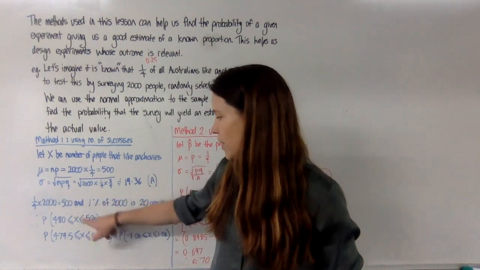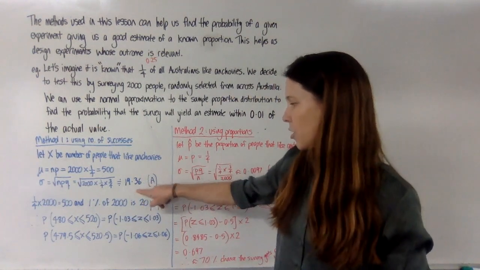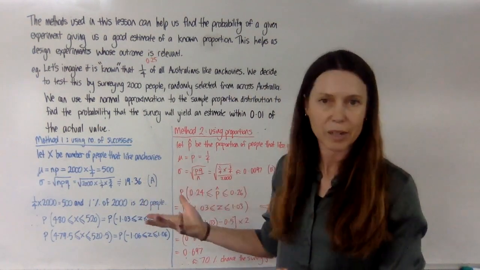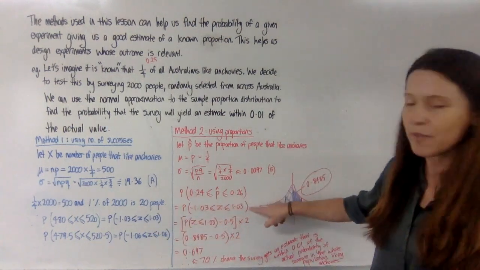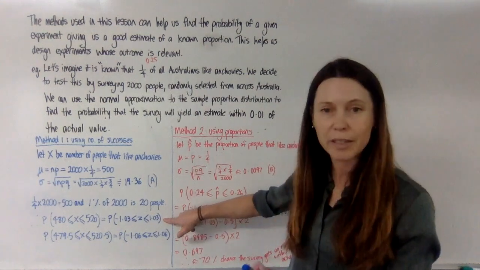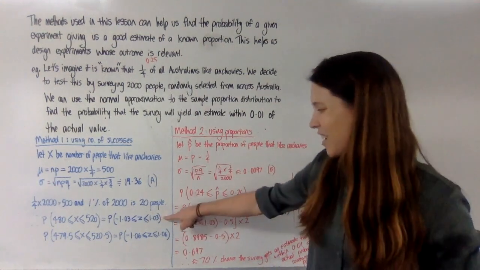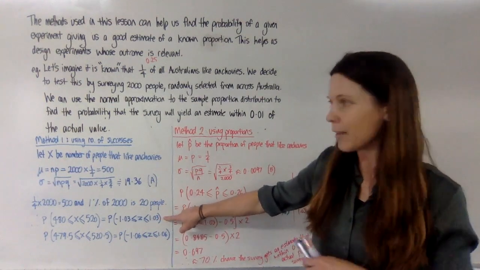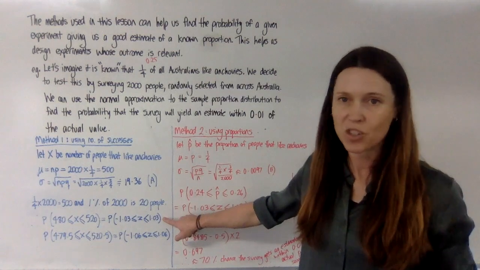I can see it's 20 above the mean, and 20 divided by the standard deviation, 20 divided by 19 and a bit, it's going to be around 1 and a bit. And you'll notice that's the exact same figure that we got over here. So this working works out fine, and curiously, when you're using the proportion method with these formulas, it's exactly the same, as we've already seen in the last example, as when you work without the continuity correction.